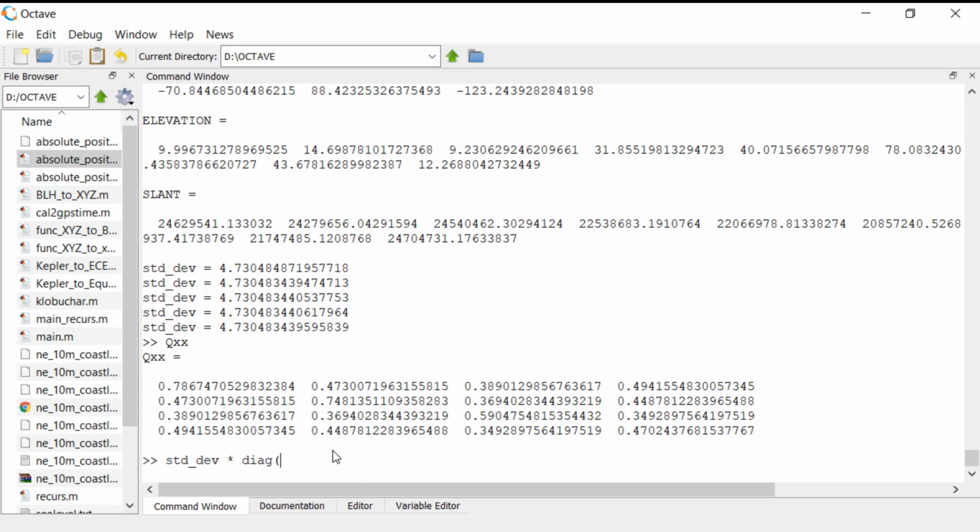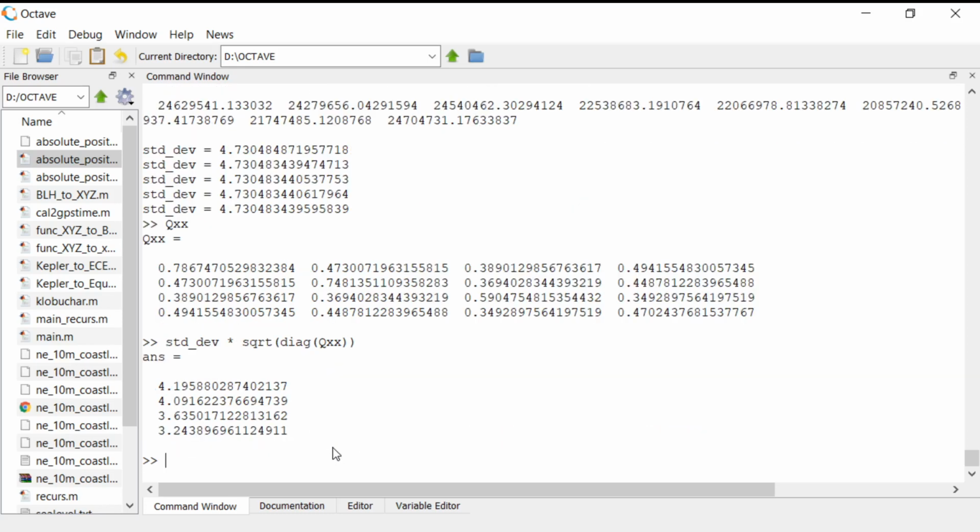So diagonal Qxx, but I need to take the square root of this diagonal because standard deviation works with the square root of the variance. So now you see my x component in the Earth-centered Earth-fixed system, or in the Cartesian system, is around 4 meters.